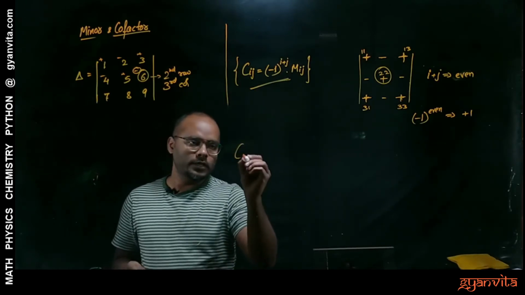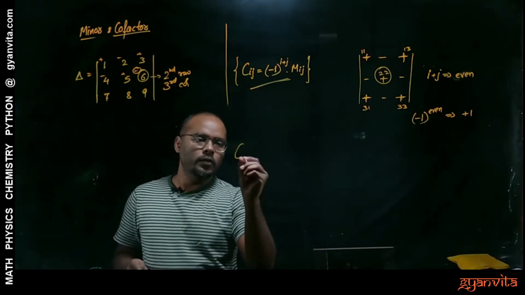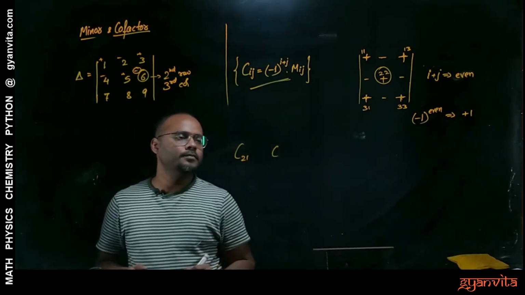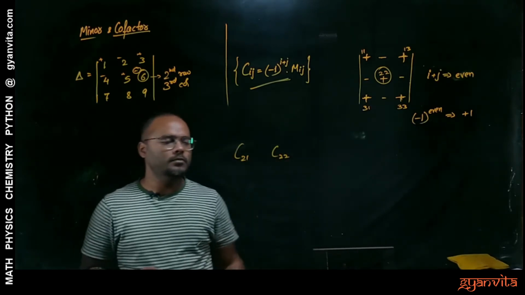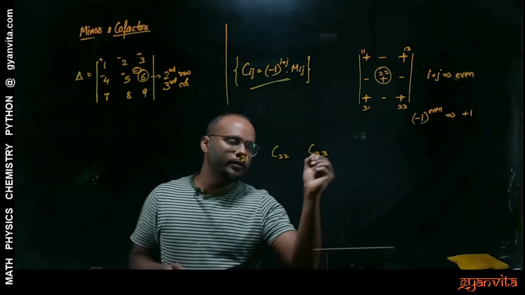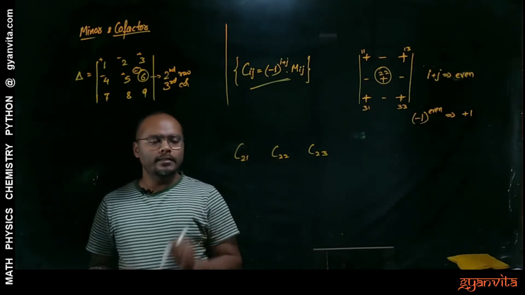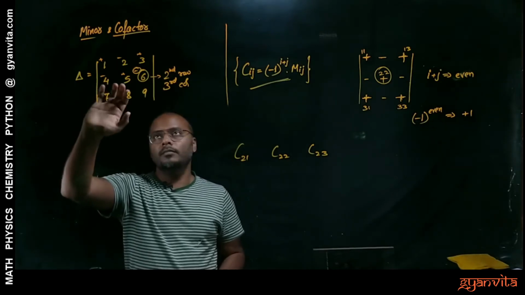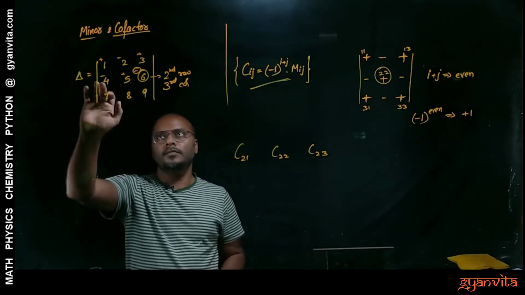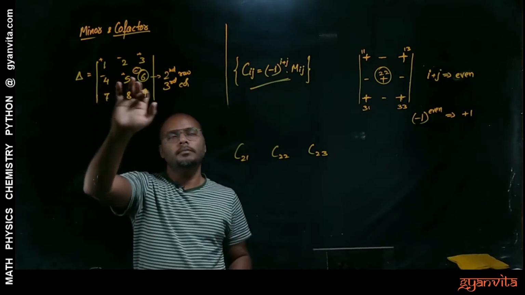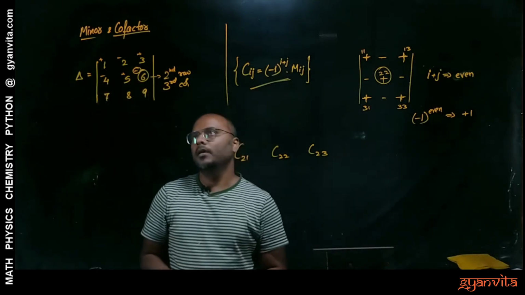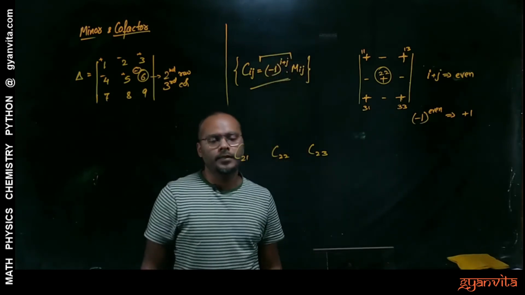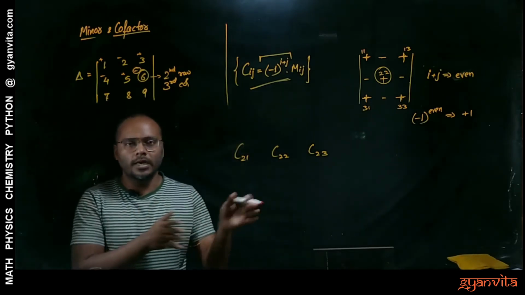So suppose it is C21, that is second row and first column, then second row and second column, then second row and third column, right? And then, what did you get? You actually got the cofactors. So minus is included there, plus is included there, and minus is included there, because it's already the cofactor. Cofactor already considers the sign, whether it is negative or positive, whether it has to be added or subtracted.